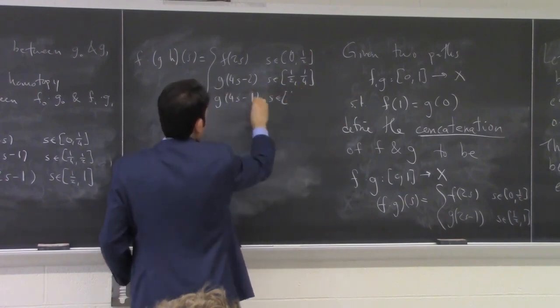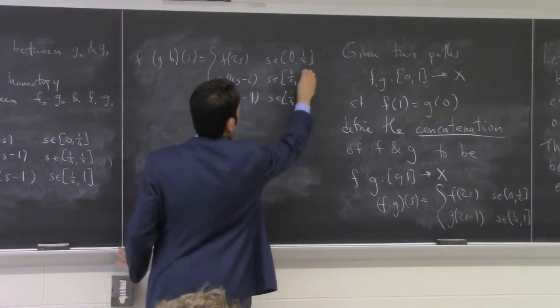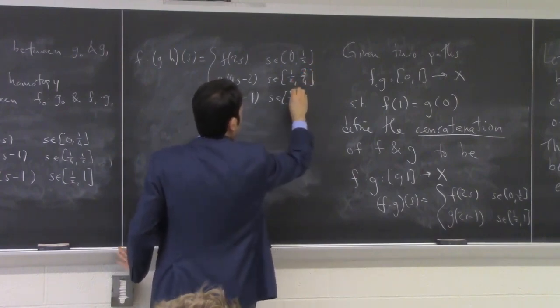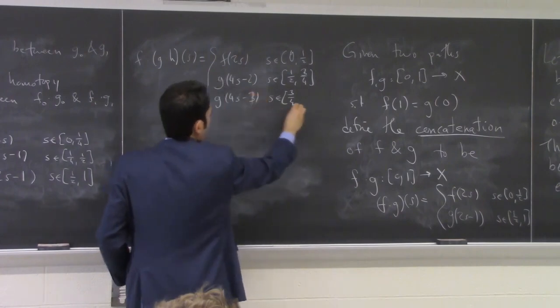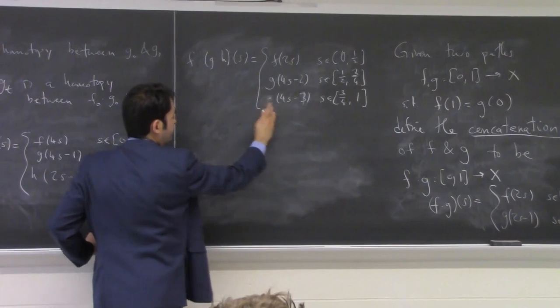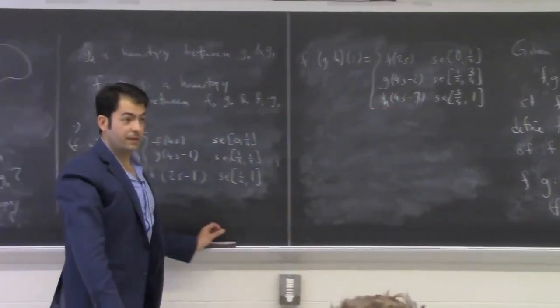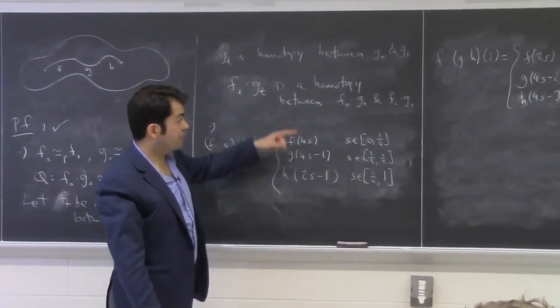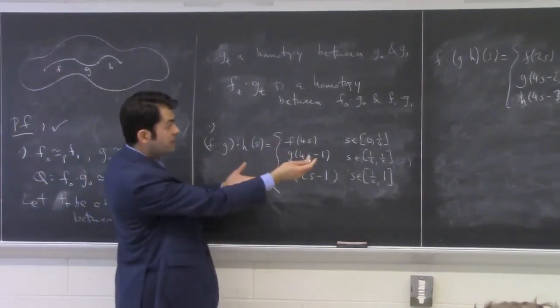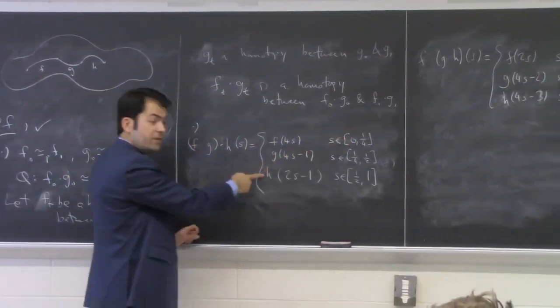This minus 1. No, 1/2, 3/4, and 3/4, and 1. There we go. H. So it's just doing the same things, but at different speeds. So you can see that that is just a reparametrization of this.